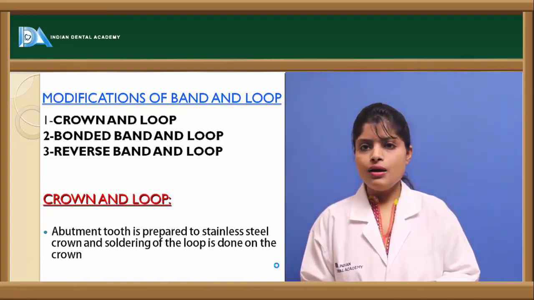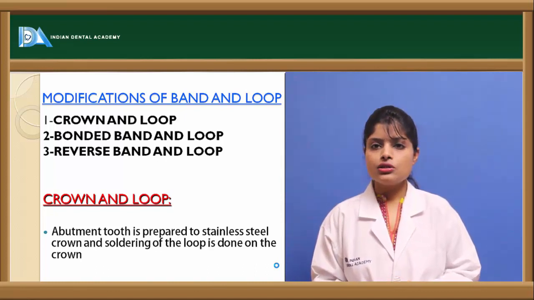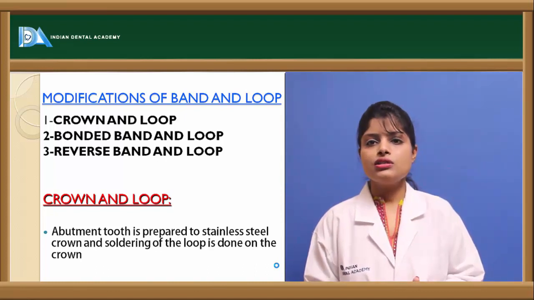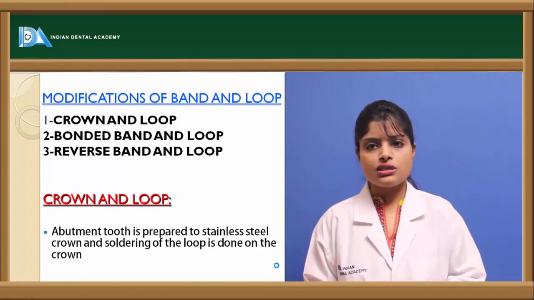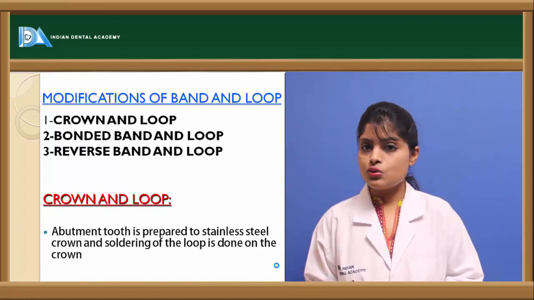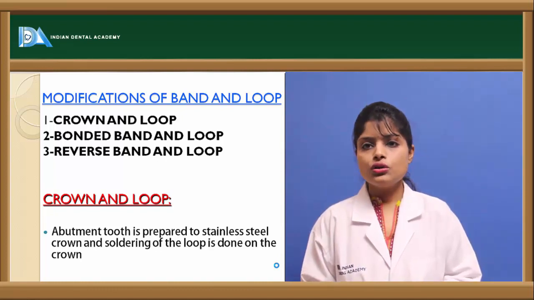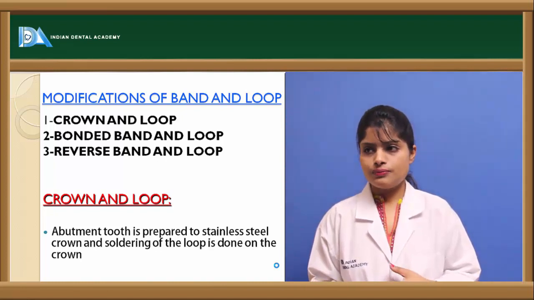There can also be a bonded band and loop type of space maintainer, in which the loop is directly bonded to the primary tooth which is present by means of composite resin. Here, we do not require any bands, so this will also protect the tooth from hypocalcification or corrosion.